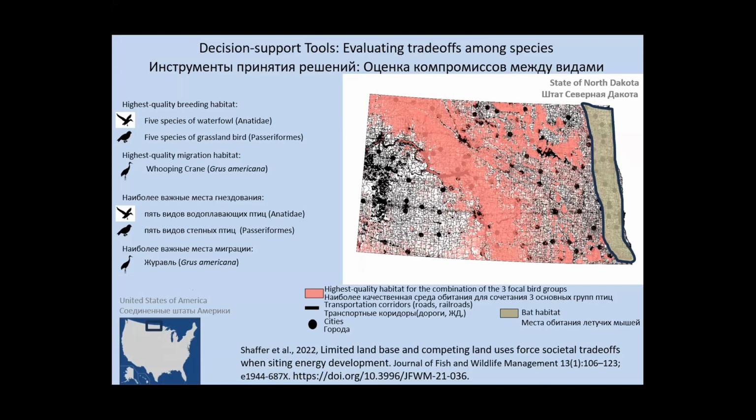Placing wind facilities in that tan area would have a negative impact on bats, but a positive impact on birds. Maps such as these, therefore, can help people visually estimate the trade-off decisions. Underlying models help people actually quantify in terms of land mass or area the impact of decisions.